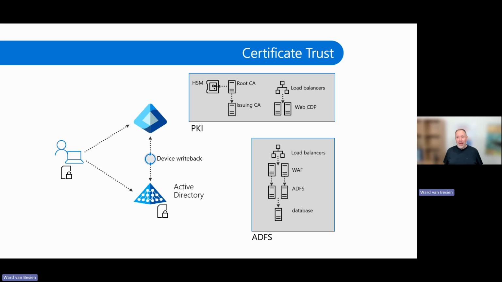Now, an HSM is a piece of hardware. It goes into a rack in the data center, and it will store the key of your root CA. So it's very important that you protect that key, because that key ultimately plays a part in your whole PKI infrastructure. If somebody steals that key, they can give themselves a login as any user in your environment.